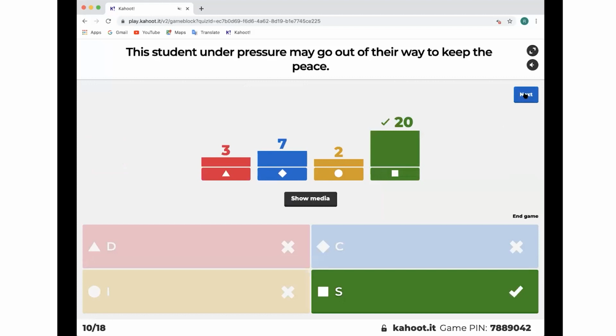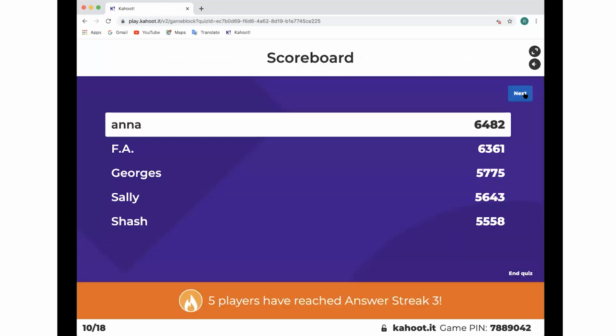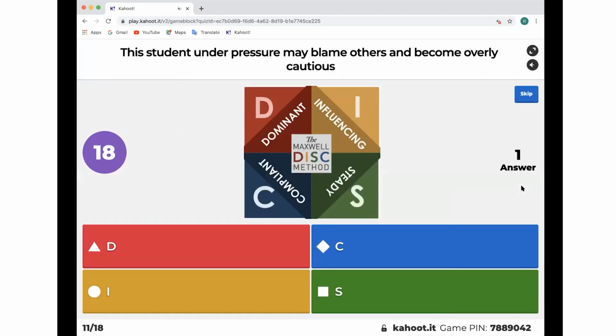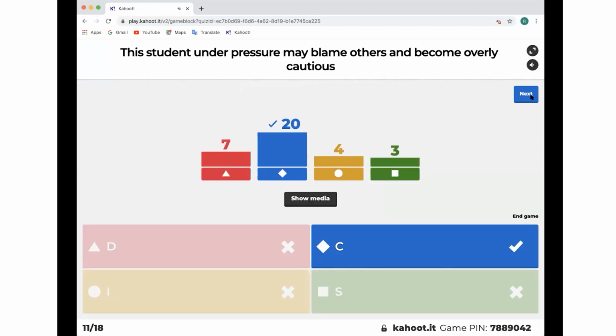Yes. Peace, non-confrontation is very important to the S's. Absolutely. Great job on this.